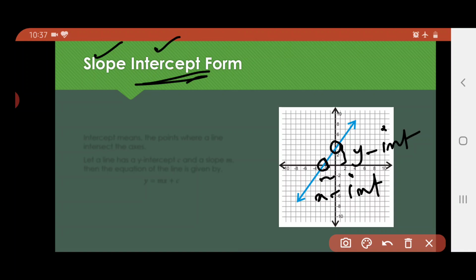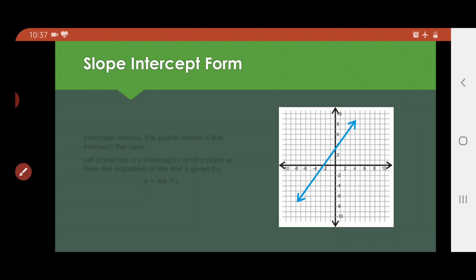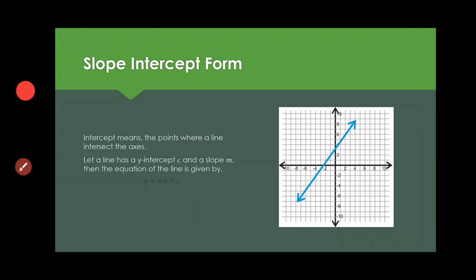We need to know the y-intercept. If those two are known, then the equation of the line is given by y equals mx plus c. Simple enough. I need to know the slope and the y-intercept, and then the equation of the straight line becomes y equals mx plus c.